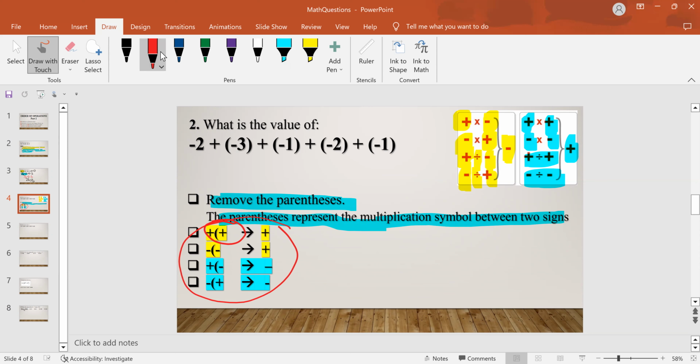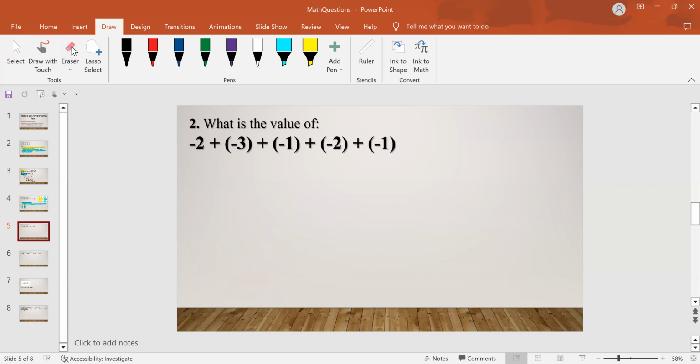So it's like a multiplication between positive and positive. The next one is like a multiplication between negative and negative, also going to be positive. The next one is multiplication between positive and negative, which will be negative. And the last one, negative positive, is negative. Okay, now we understand the rule. Let's apply this rule to the question.